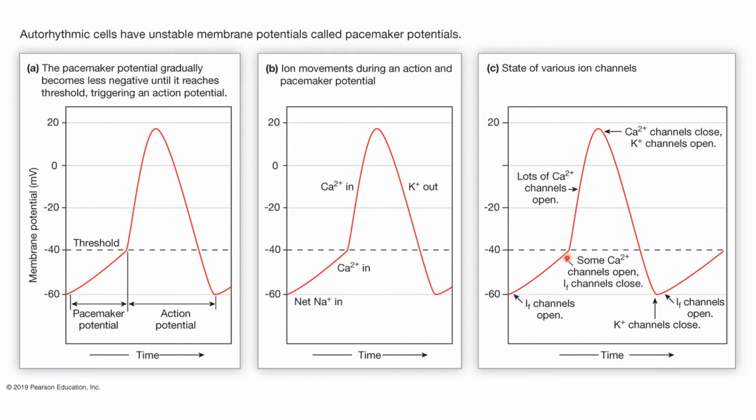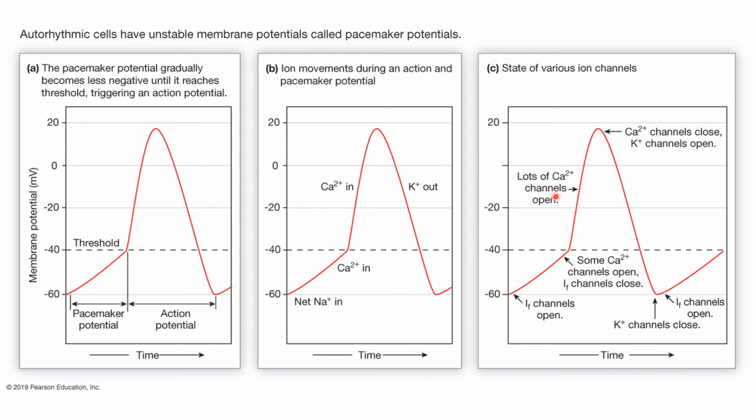Once a threshold is reached, an action potential is going to begin. So for us to reach threshold in those autorhythmic cells, again, two channels play the role, those funny channels and the calcium channels.